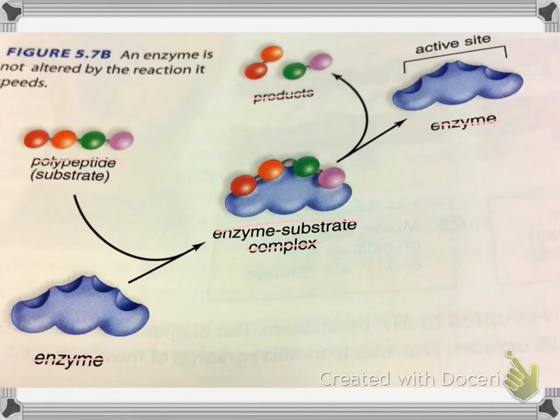And those little indentions or curvatures are called the active site. Okay, again, so for number 2, make sure that you can label these diagrams if all the words were taken off.